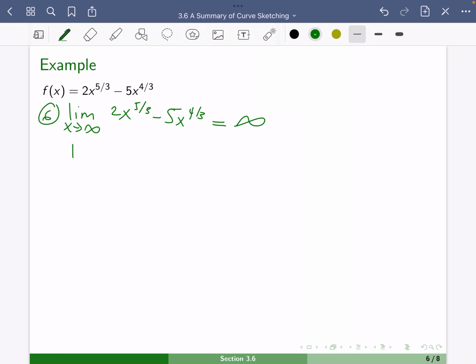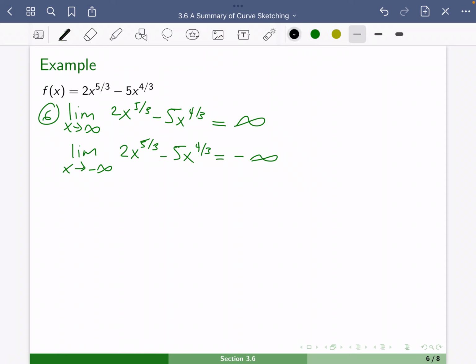And as x heads towards negative infinity, we also get an infinity, but a negative infinity here. So that's what we end up with.